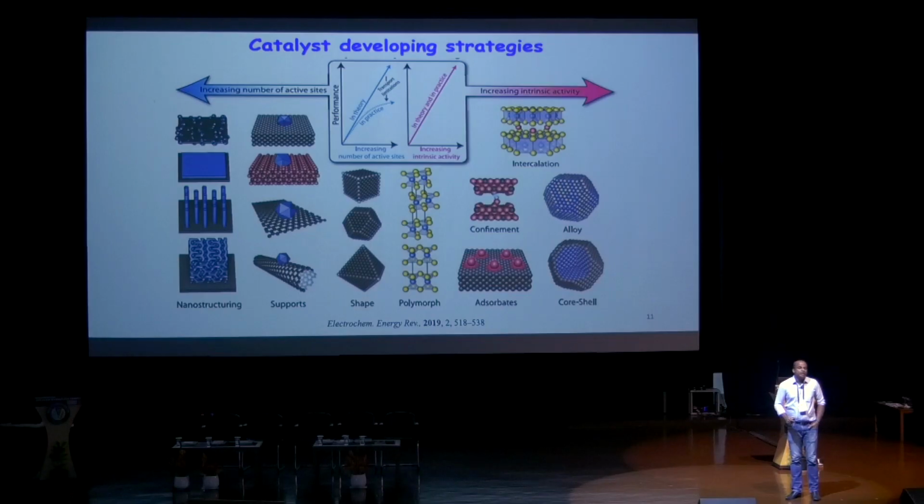During this period, we designed the catalyst. There are a lot of interesting ways to design the catalyst. You can make it in different nanostructures or different types of support-metal interactions. That also plays a beautiful chemistry at the interface. Or shape, or different types of polymers, adsorbates, core shells, etc. During this period, you can tune the intrinsic activity and increase the number of active sites.